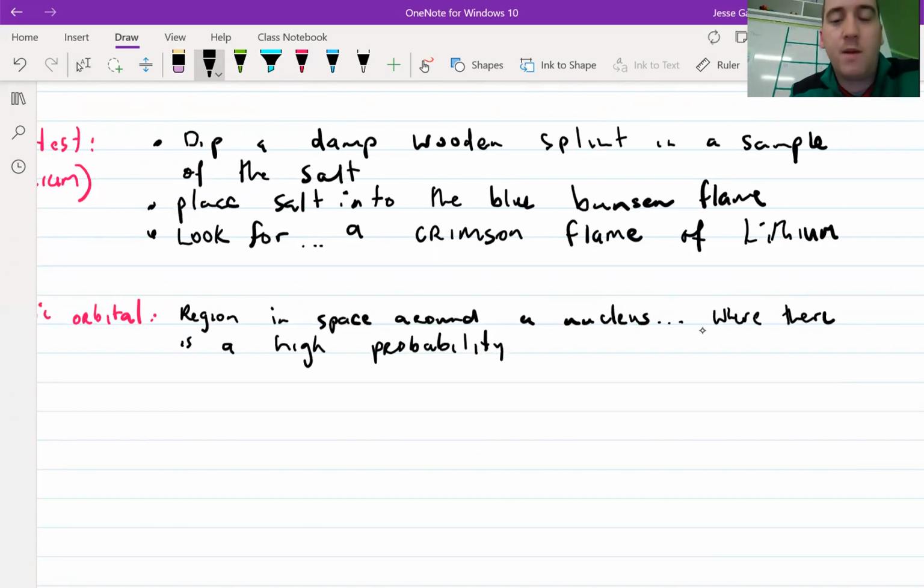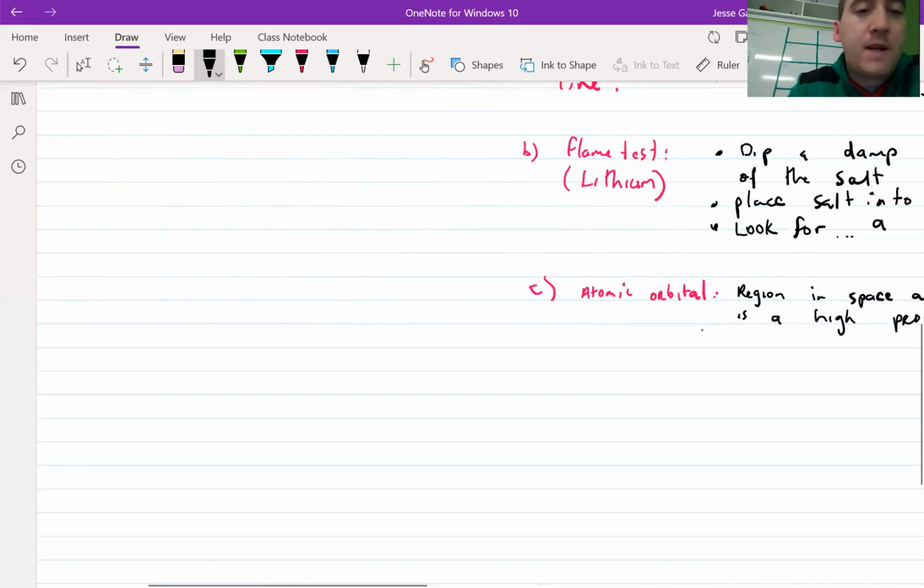What's the high probability of? Pause the video. There's a high probability of finding something. What is the something? Finding an electron. That's what an orbital is. It's an area around the nucleus where there's a good chance, a high probability, of finding an electron.